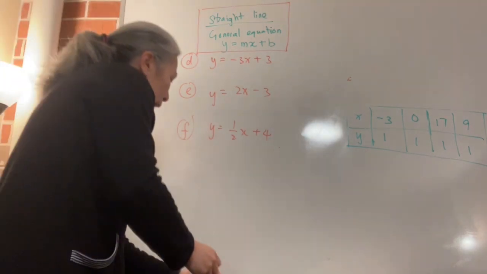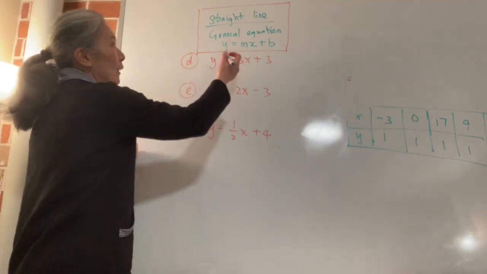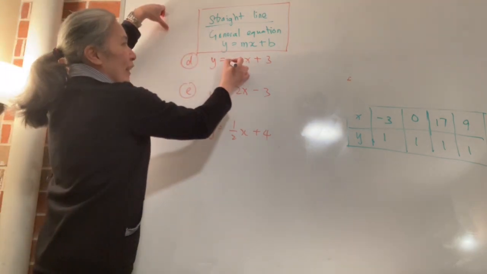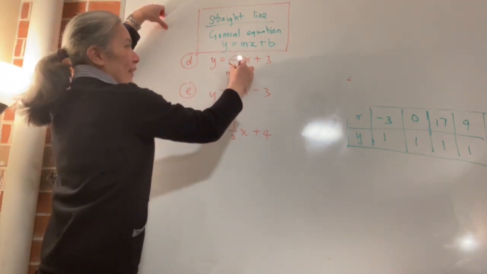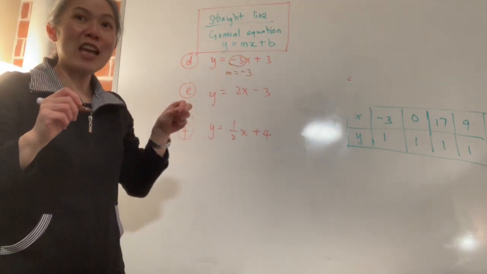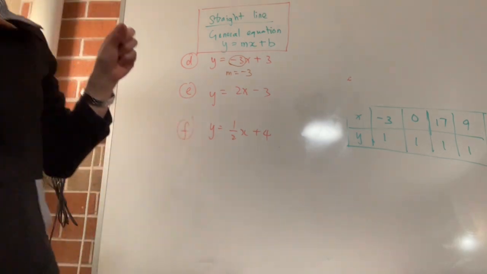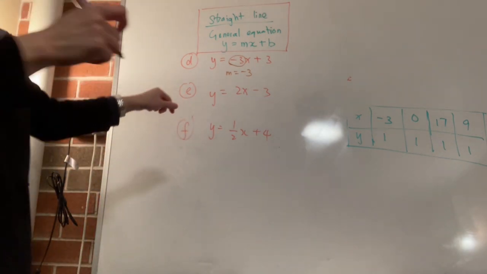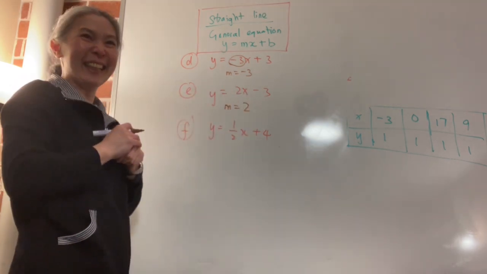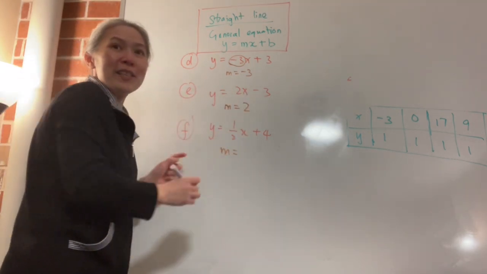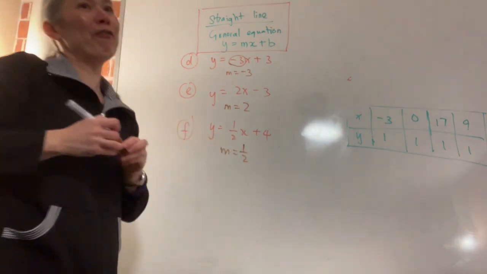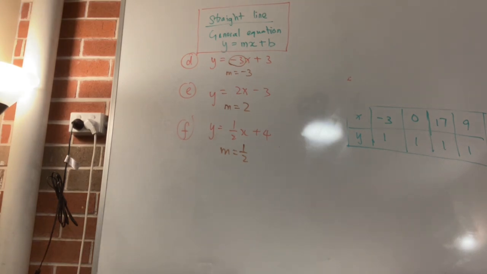If I have it as mx plus b, remember the m represents gradient. If I match it, on question D, I want you to write down m equal to minus 3. On question E, what is your m equal to? 2. And question F, what is your m equal to? A half. Yes, we found a few more things about the gradient.